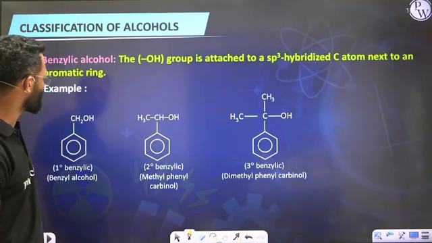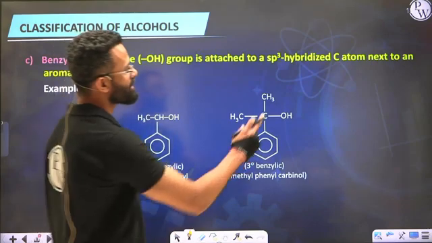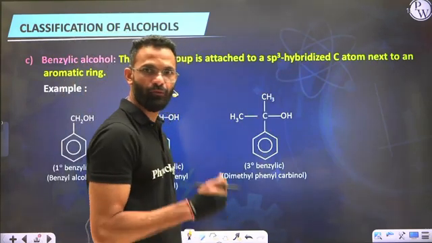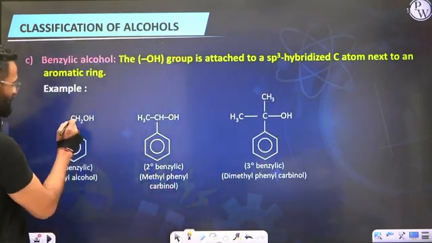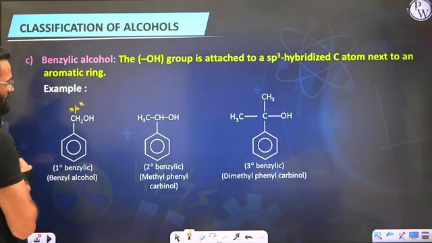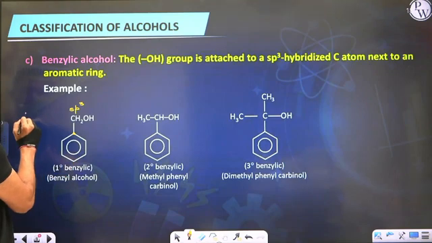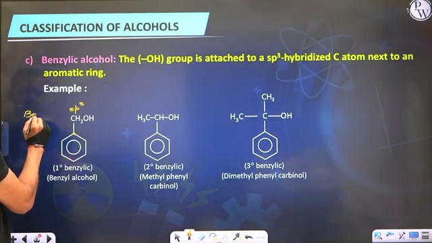Just like this, there exists another sp3 carbon containing OH. You see here, this is an sp3 hybridized carbon. When such an sp3 carbon is directly connected to the sp2 carbon of benzene, then such a carbon is known as benzylic carbon.